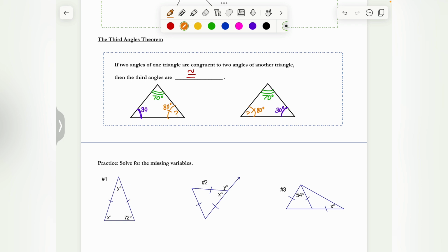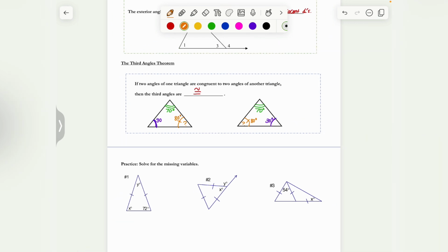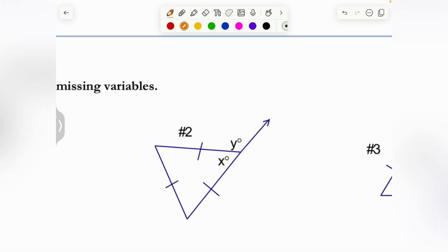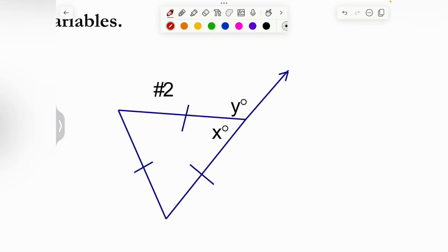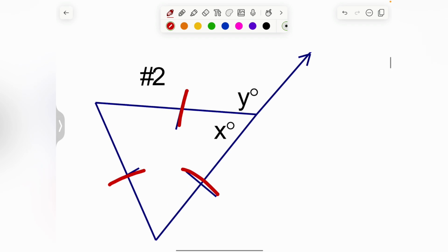We're going to use all of these theorems to do some examples. Sammy will do some examples with you, but let me just quickly talk about a couple of them. Number 2 is hard, but one thing I am noticing is that all of these are equal, which means it's an equilateral triangle, which also means it's equiangular.